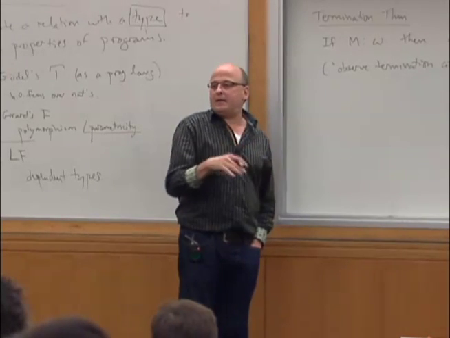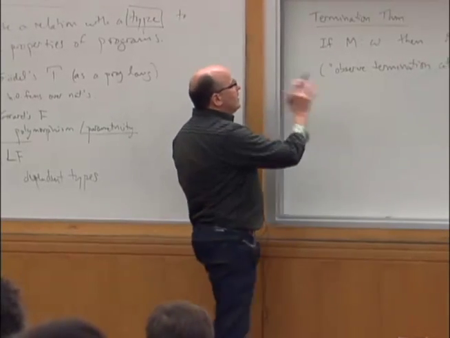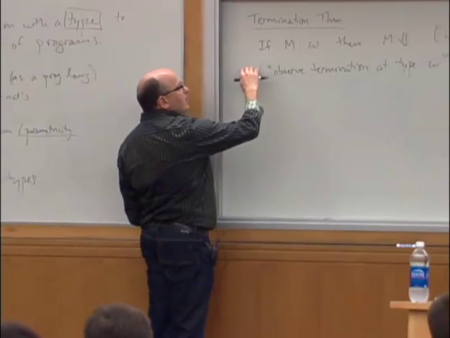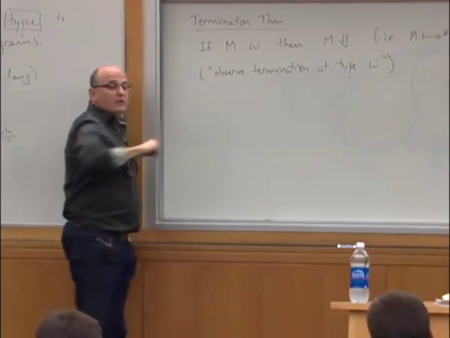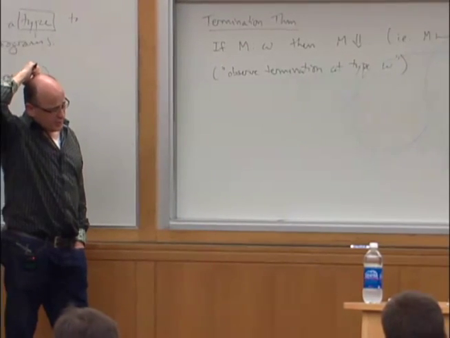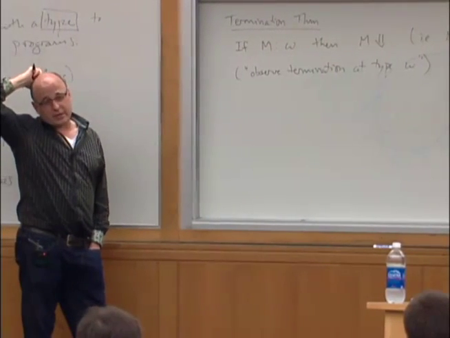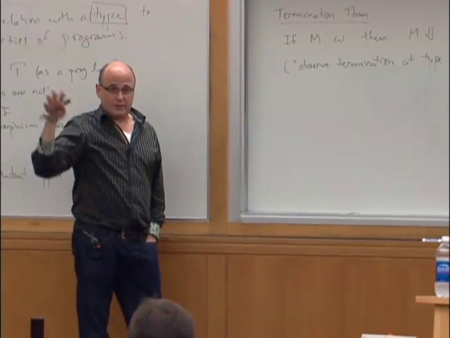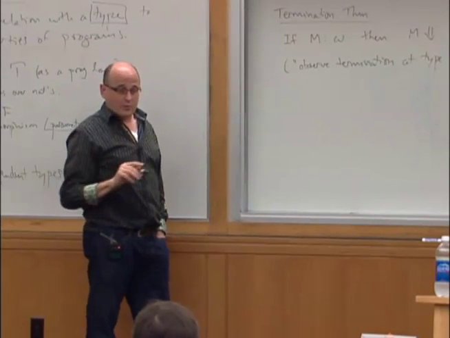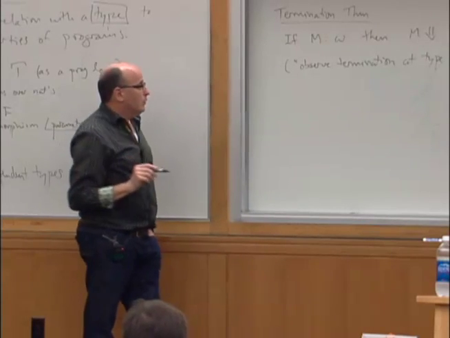So I'm not saying anything about what happens at function type directly. I'm only interested in the things that I can observe, like things which are of type omega. And this is a distinction between a positive and a negative type, which is going to come up in Frank's lectures, probably a couple of lectures from now, if I remember his outline. So we'll get to that in a minute.